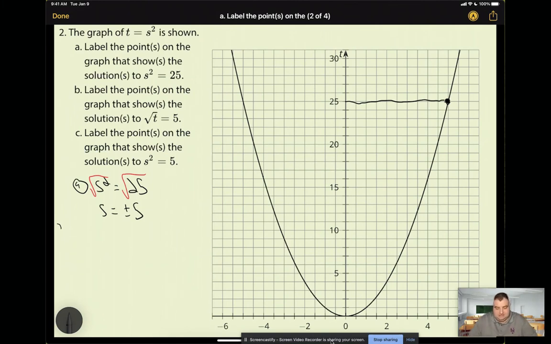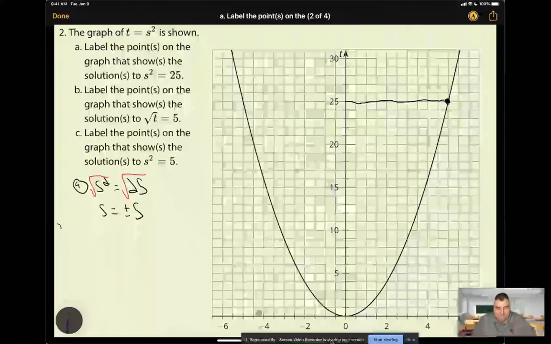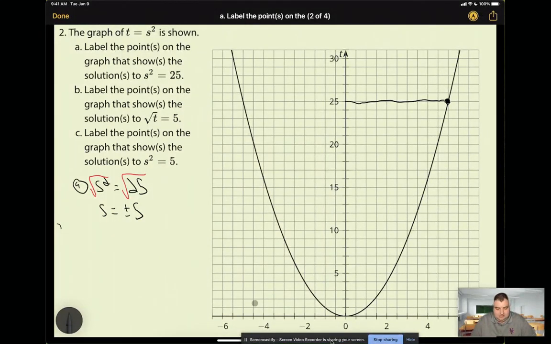And when s equals negative 5, that would be over here, and we can see that t also equals 25. So we can see that works, okay? So those were the points that I just labeled in black.